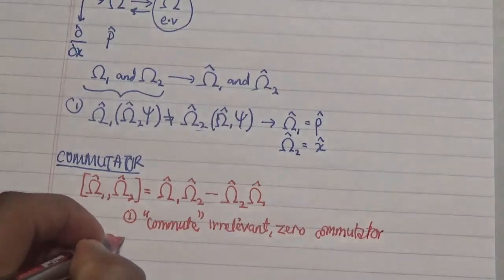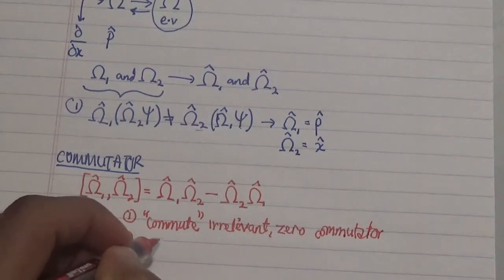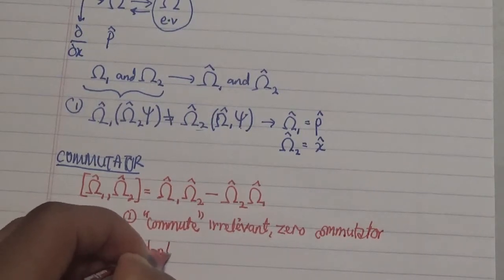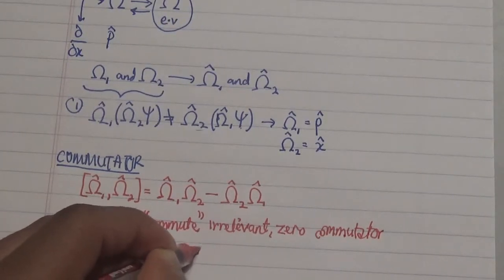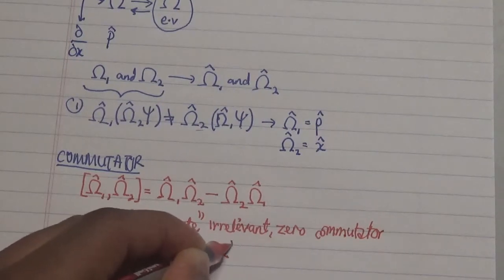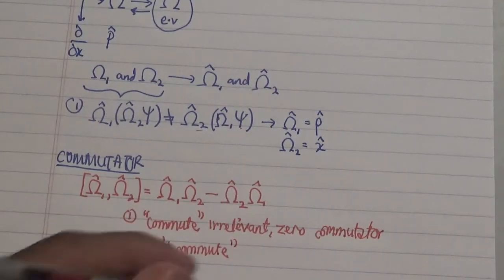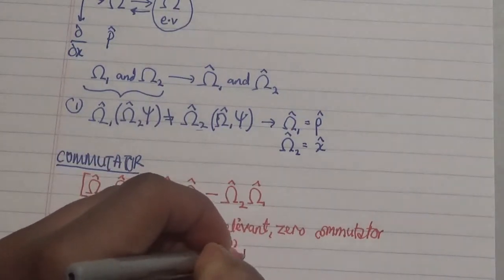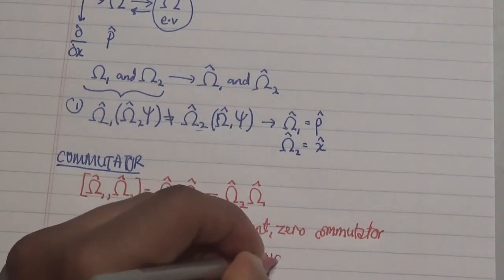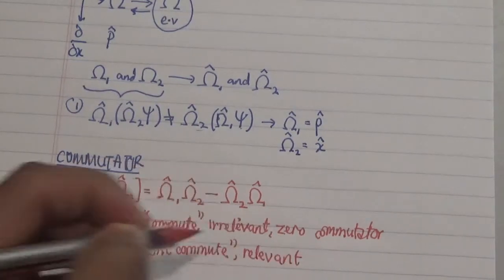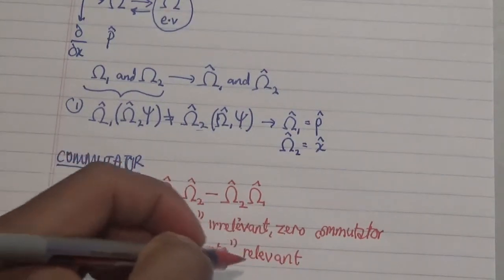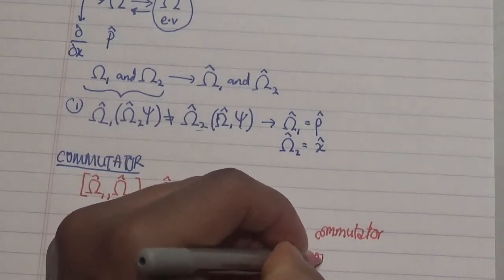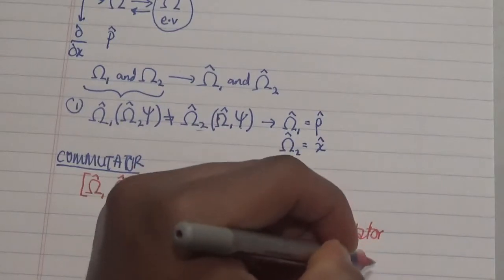On the other side, if you have a situation where your two operators do not commute, then the order is relevant. And once the order is relevant, then we have a non-zero commutator.